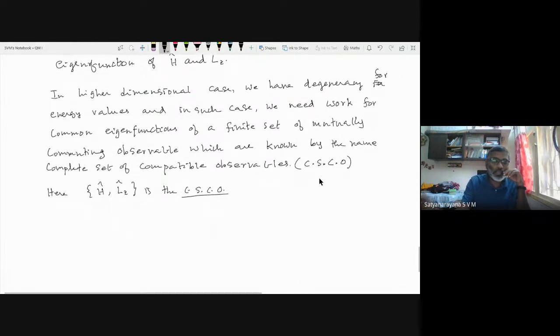Try to understand how the CSCO is important and what is the mathematical origin of the CSCO. Later I will give you more insight into the CSCO and degeneracy from the group theory and irreducible representation point of view, because we are also doing group theory.